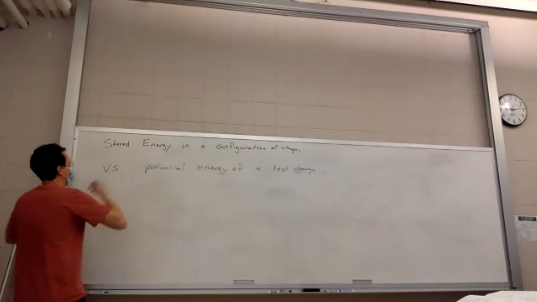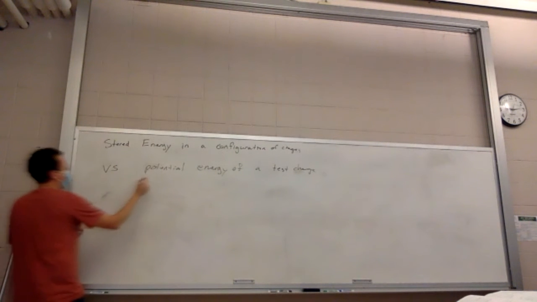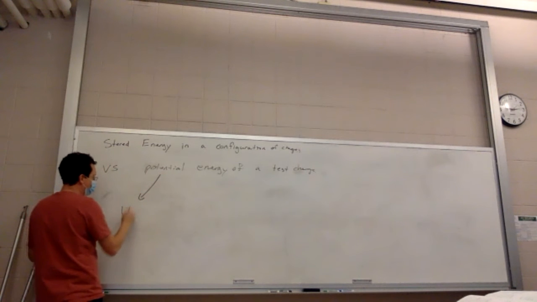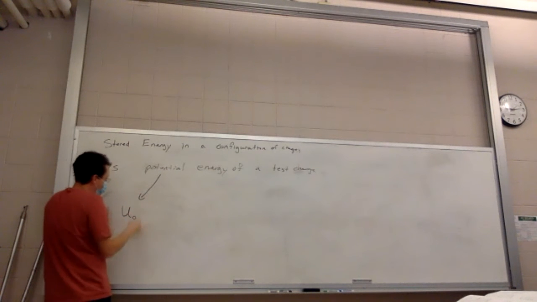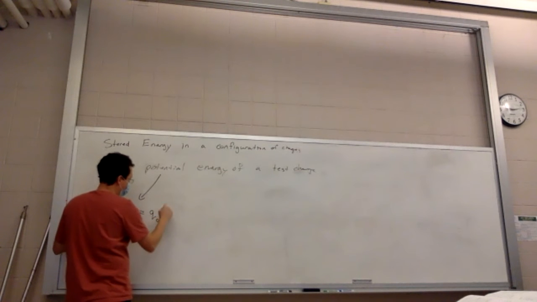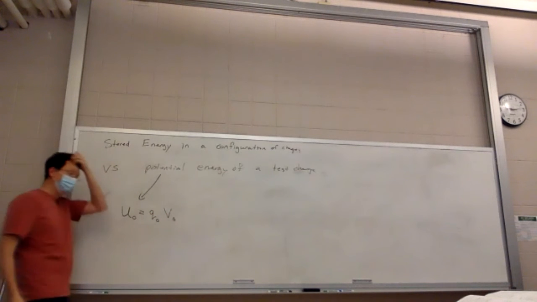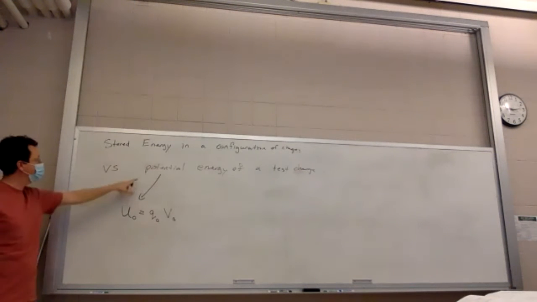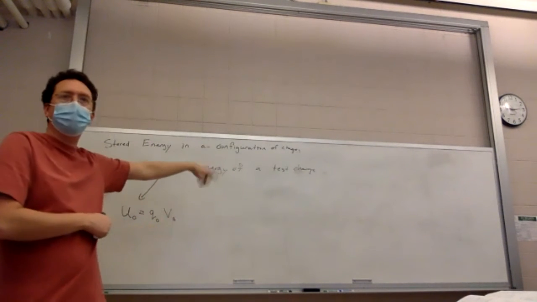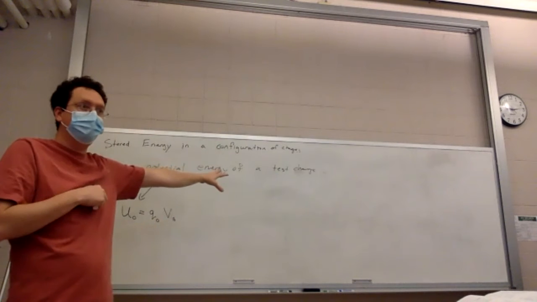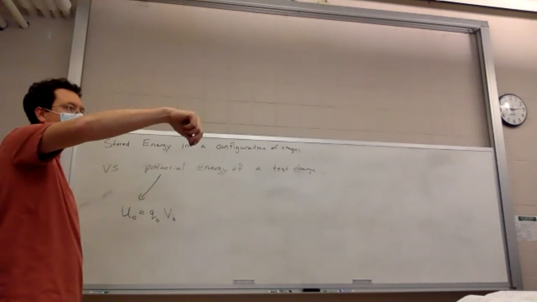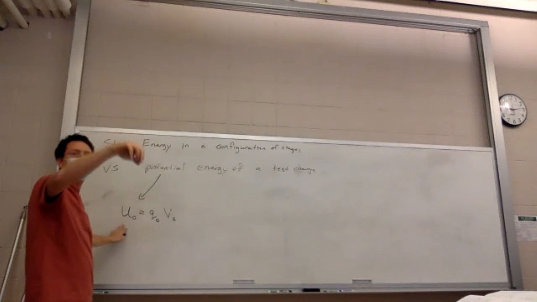So this one is what we've been calling the potential energy of an observer, or a point charge observer, times V coming from the source. Right, that's what we've been doing so far. Potential energy of a test charge. So that means you have some sources, forget how you got them, you have them. And then you bring in one charge to some place and you measure its potential energy.